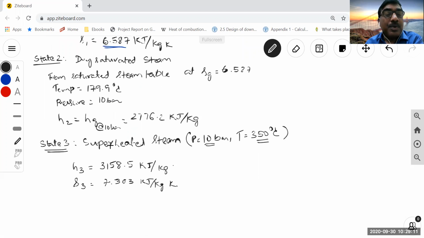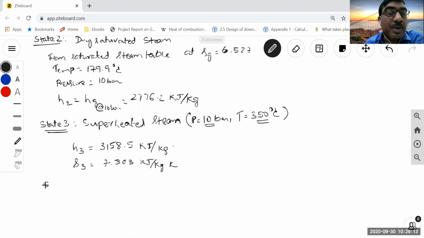So what is state 4? Let's write state 4. State 4 is wet steam at condenser pressure. What is the condenser pressure? 0.035 bar. So this data you have to get again from the saturated vapor tables, and we have to find out the exact value of the enthalpy by using the dryness fraction. And how to find out the dryness fraction?